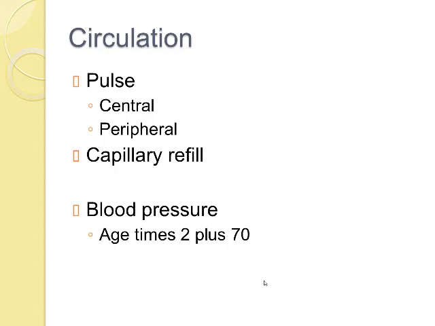So blood pressure for that age group should be at least 80, or better. If not at least 80, they're considered hypotensive. Everybody over the age of 10 should have a systolic of at least 90.